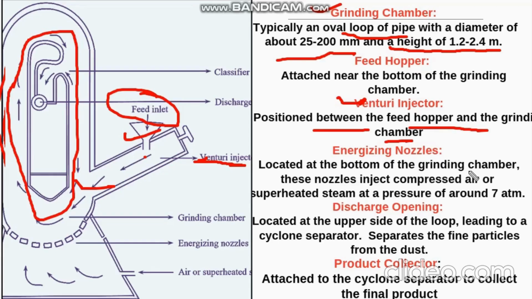These nozzles inject compressed air or superheated steam at a pressure of around 7 atmospheres. The next one is the discharge opening, located at the upper side of the loop, leading to the cyclone separator, which separates the fine particles from the dust. Here the discharge opening is located.